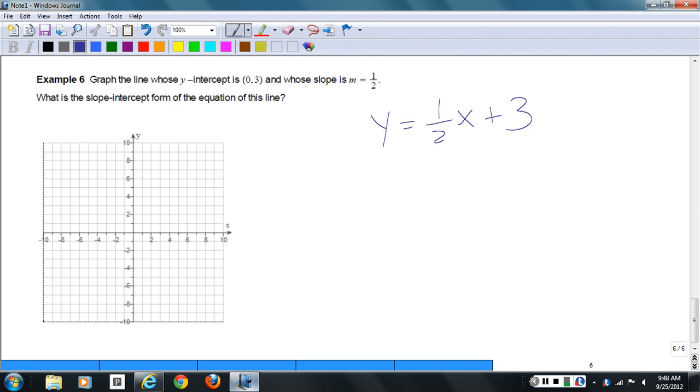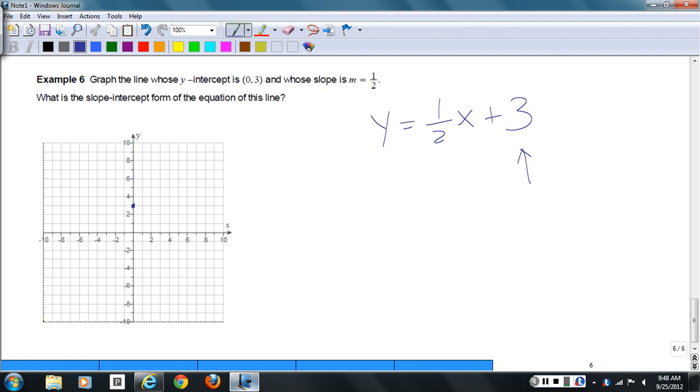Because if we know the y-intercept, what's the y-intercept? I guess I really didn't emphasize that in our previous discussion of the slope-intercept. I've emphasized the slope. The intercept part is that the number 3 represents the y-coordinate of the y-intercept.